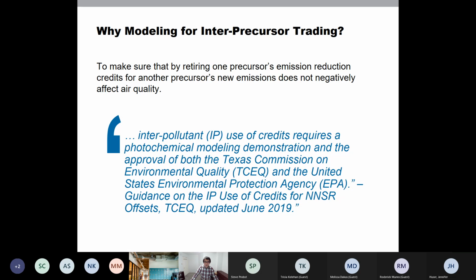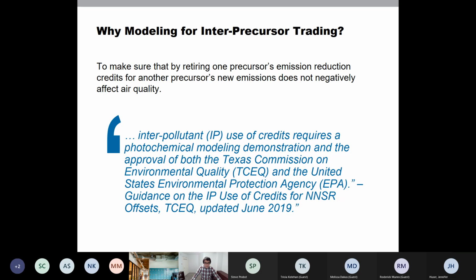About 5 years ago, we allowed inter-precursor trading where you just go buy NOx to offset VOC, and we qualitatively described that, for example, Houston-Galveston-Brazoria is NOx limiting, so I'm retiring NOx and getting some VOC emissions, which actually improves air quality.